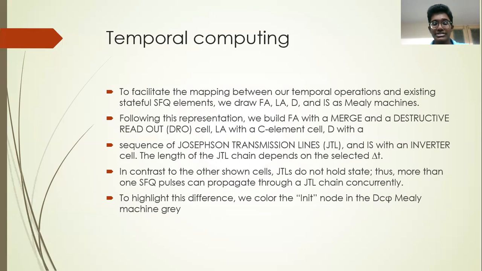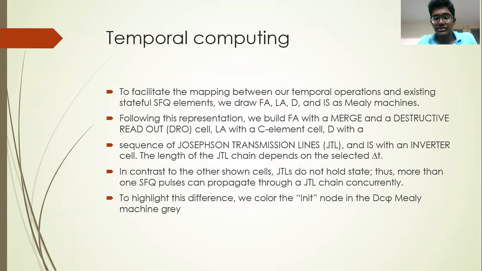Following this representation, we build FA with a merge and a destructive readout DRO cell, LA with a C element cell, D with a sequence of Josephson transmission lines, that is JTL, and IS with an inverted cell. The length of the JTL chain depends on the selected time difference.